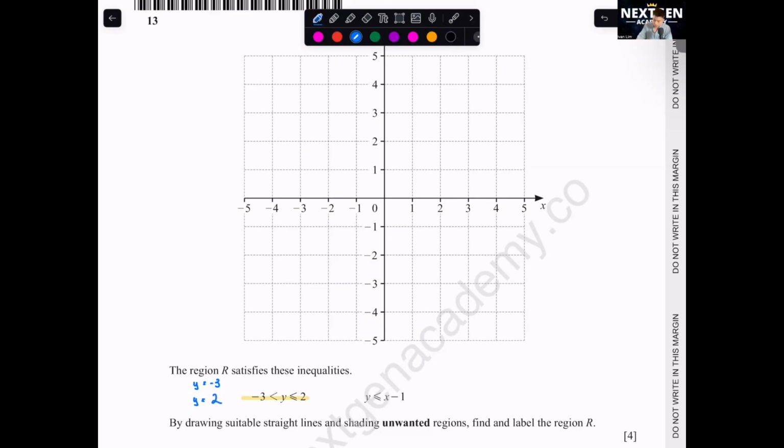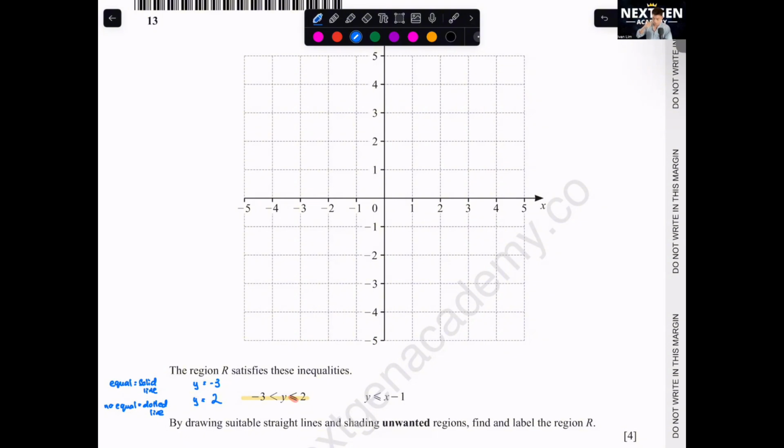Okay, when there's an equal symbol, then it will be a solid line. Okay, the guideline, equal, solid line. This one, no equal for the inequality, dotted line.